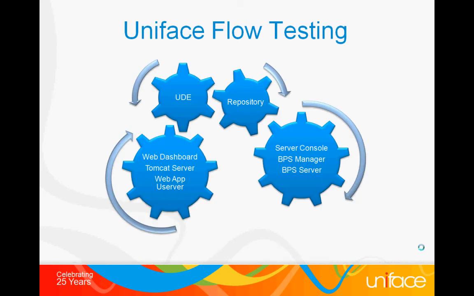This diagram starts to show some of the relationships between the different aspects and components of the Uniface Flow environment. Obviously, as I mentioned, there's a single repository now in Uniface 9.4 that caters for all three products. You use the UDE for developing components in a normal way, and there's also a Process Studio that allows you to design business processes and so on, and that also uses the same repository to store data.